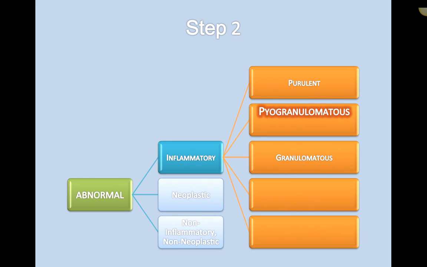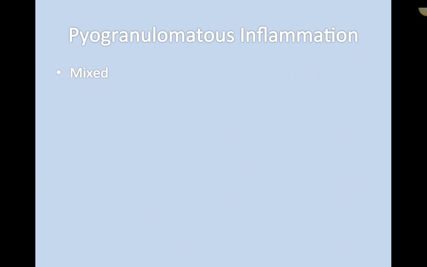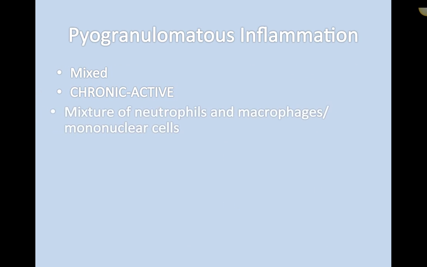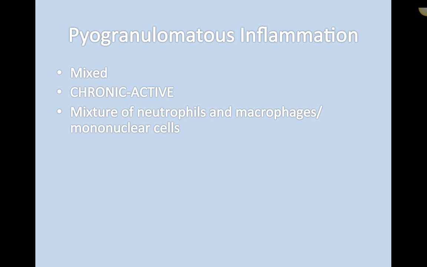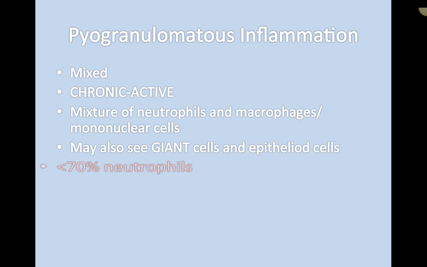Next up, we've got pyogranulomatous. So we are referring to two types of inflammation combining. Mixed inflammation. It's a mixture of chronic and active inflammation, and it is typically a high population of neutrophils and macrophages. So you can also see giant cells and epithelioid cells.